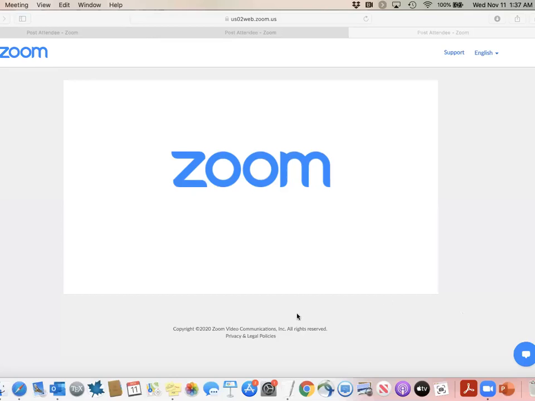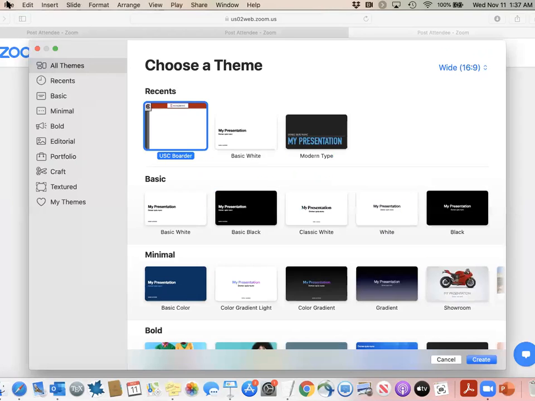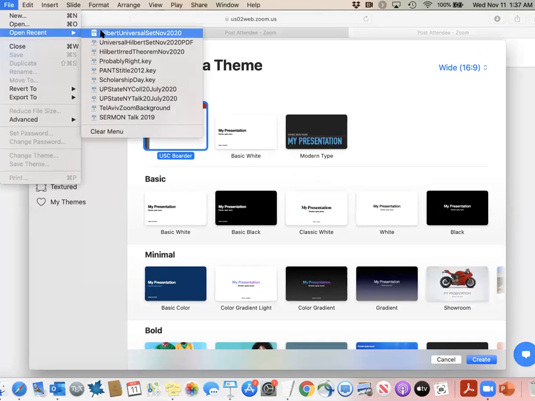I'm used to using my iPad. Share desktop, is that what I do? Can you see my desktop now?